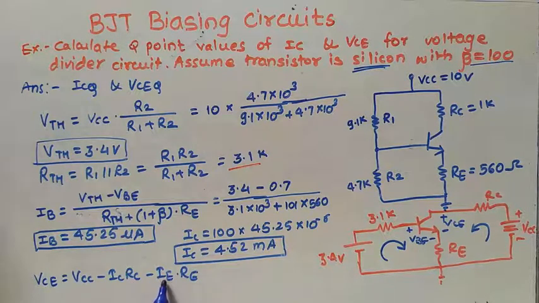Here IE we can calculate as IB plus IC, or if you take the value of IC as it is in IE, then also it is okay. By solving this, we'll have the value of VCE equal to near about 2.91 volts. So this way we can solve the numerical based on this voltage divider biasing circuit.